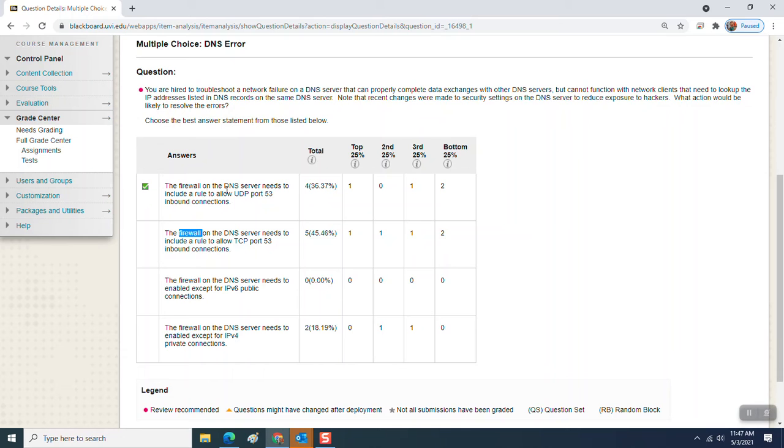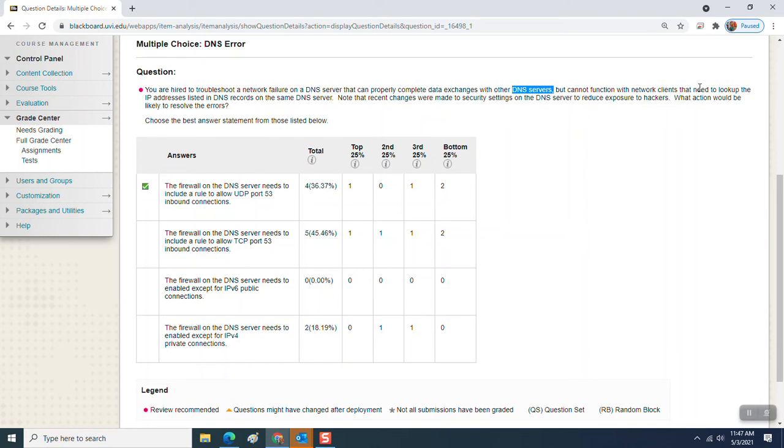But it says the firewall on the DNS server needs to include a rule to allow UDP port 53 inbound connections. So when a DNS server is exchanging data with other DNS servers, it uses TCP port 53, a three-way handshake, to guarantee correct delivery of DNS records that are exchanged between servers.